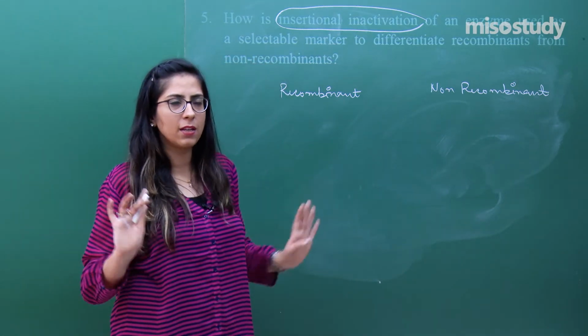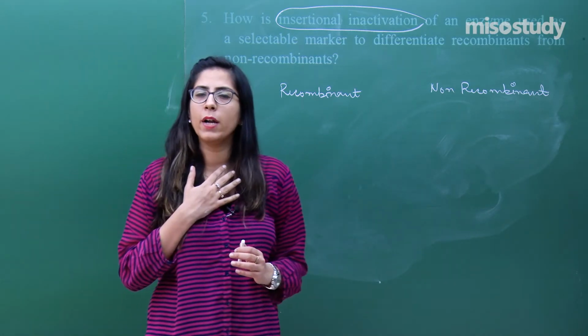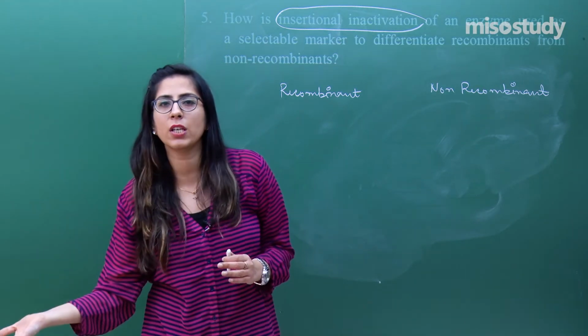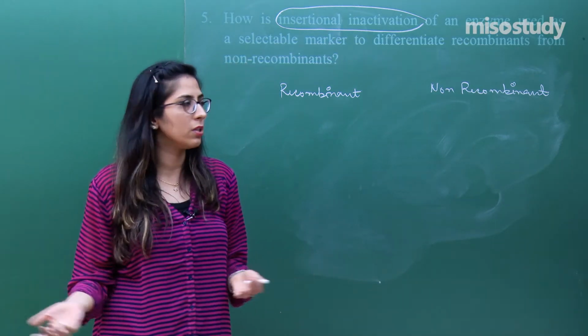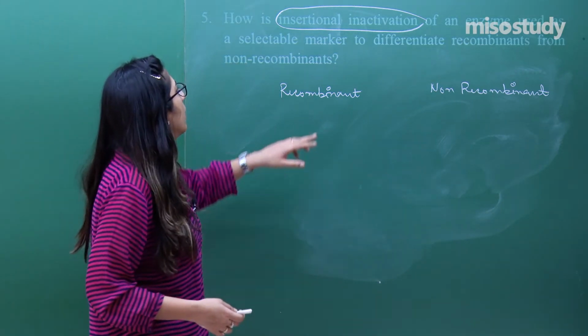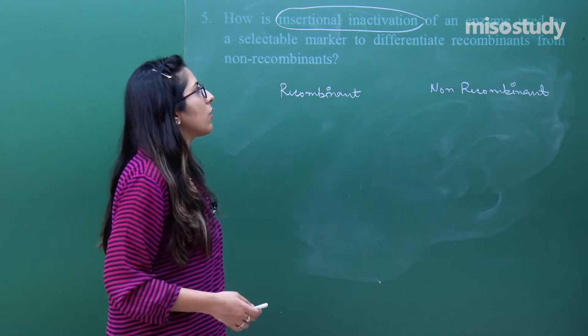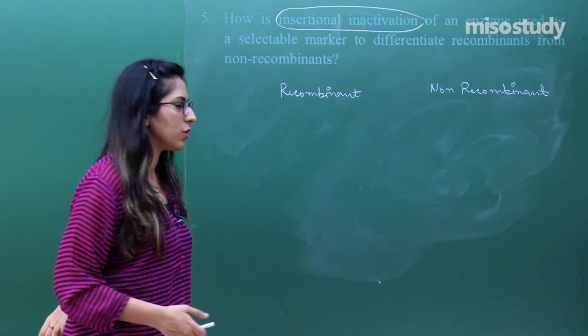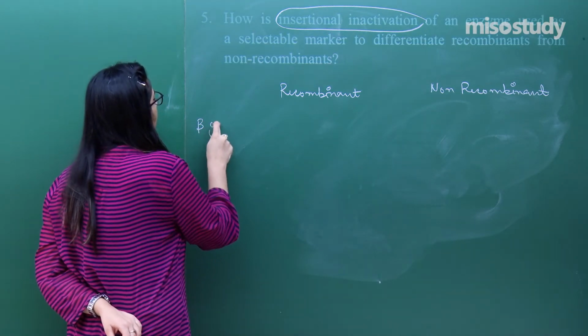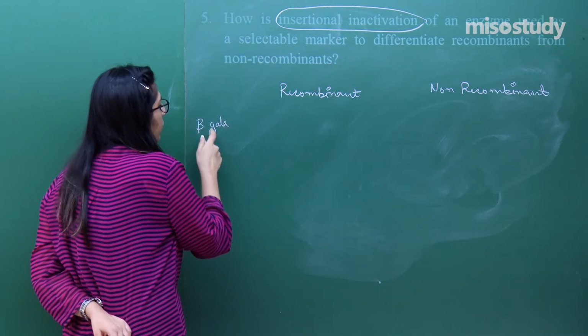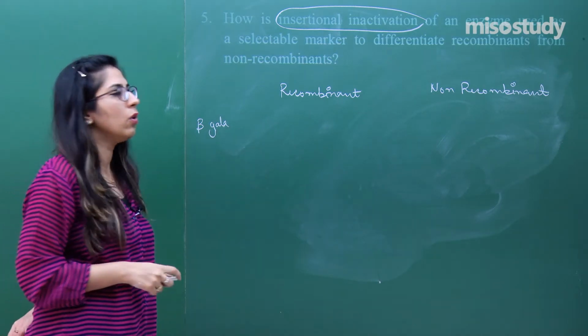So, two types of cells are there. Now, I have to identify whether they have that gene which is of my interest or they do not have that gene. This is a question. What I will do, I will follow one procedure which is called insertional inactivation. We all know in the cell the beta galactosidase gene is there which codes for the enzyme beta galactosidase.